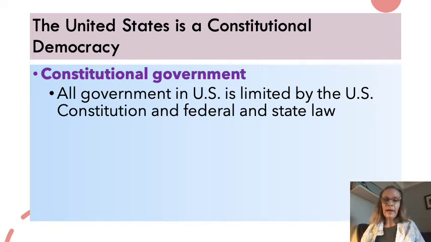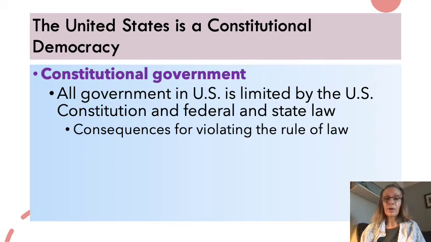If they do, they violate the Constitution, they can be sued, and then the Supreme Court can basically nullify that law, saying, hey, that's not in your powers, Congress. Or it can say to the executive branch, you can't keep engaging in that action if the action is deemed beyond the powers. So all government is limited by the powers outlined in the Constitution, and also in federal and state law. State law will govern the limitations placed on state governments as well.